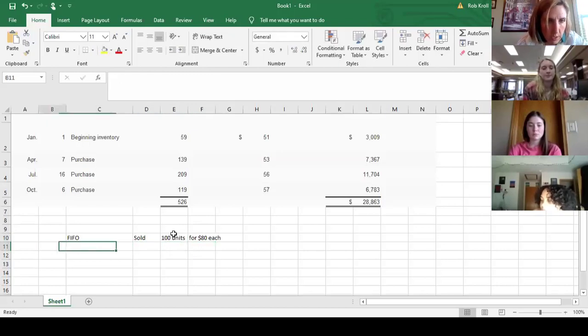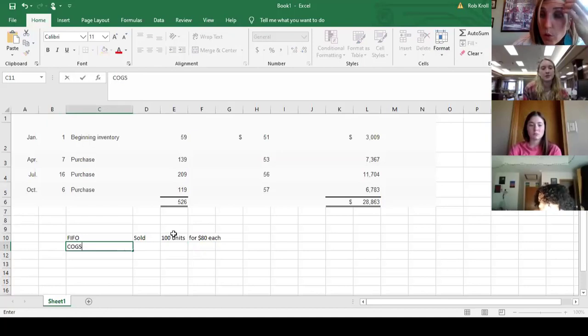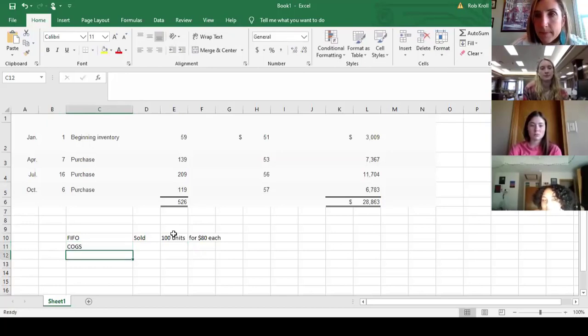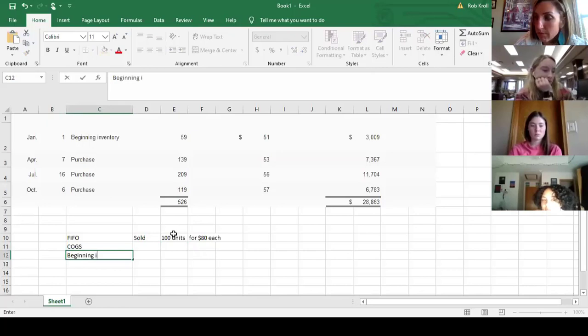When you calculate cost of goods sold, if you're using FIFO, which units do I start with in my calculation? Any idea? There's your hint. I started to type it. Inventory.